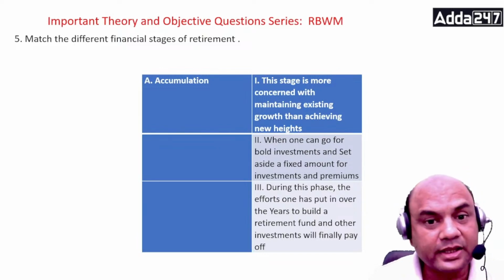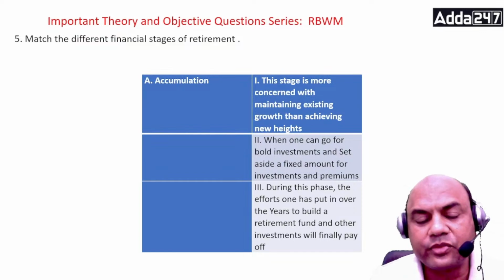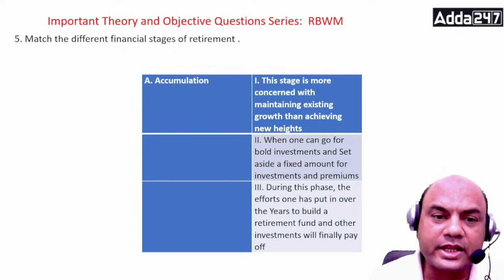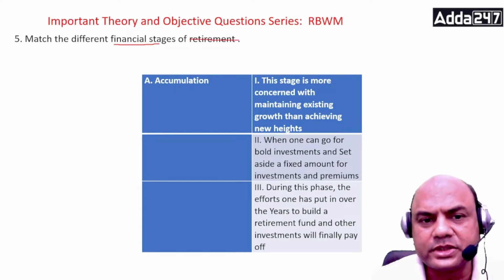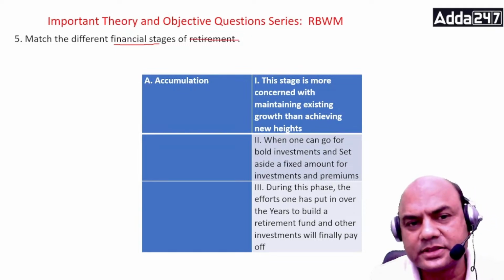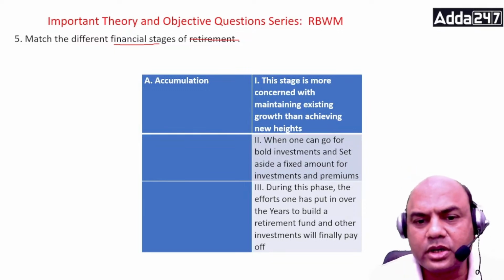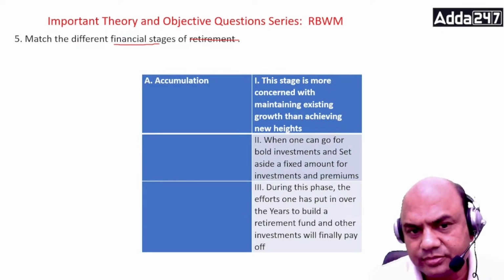Now there are 3 questions which are almost of the same nature. In fact, one question is divided into 3. Let's see. Match the different financial stages of retirement. So basically financial stages, not retirement, of life you can say. Match the 3 financial stages. Keep it simple. Accumulation: this stage is more concerned with maintaining the existing growth than achieving new heights.